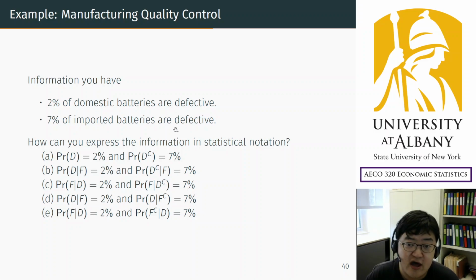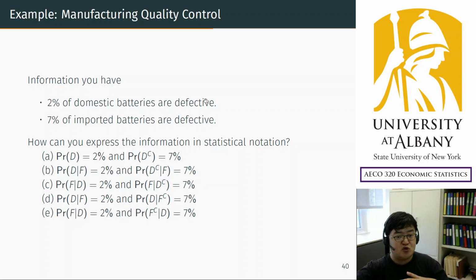Okay, then, think about this sentence. 2% of domestic batteries are defective. So if you choose 100 batteries, on average, 2 of them are going to be defective. That means the main event of interest is defect. By the way, the condition is domestic batteries.